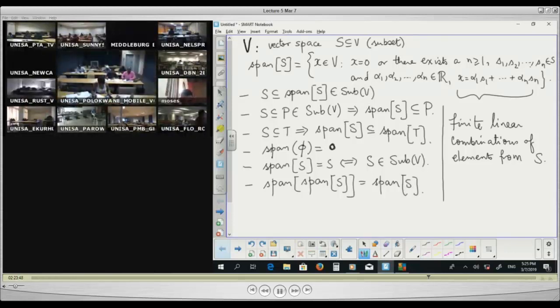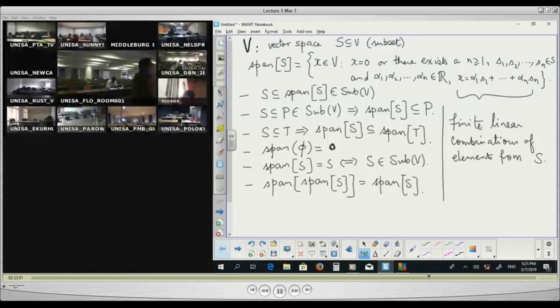Well, this is what we did last time. We discussed what the span of a subset is, and that's this set which I have written down. It is the collection of all the vectors in V which are either 0 or a linear combination of members of S. We proved that it is a subspace.